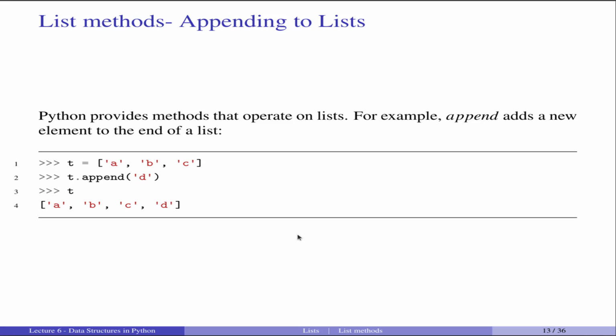Suppose we have list t equals a, b, and c, and now if we call the method t dot append with an item d, in that case my list will now have 4 elements a, b, c, and d. Remember, the item will always be added to the last position.